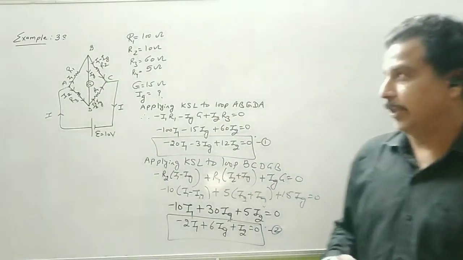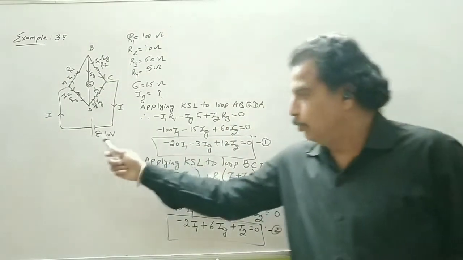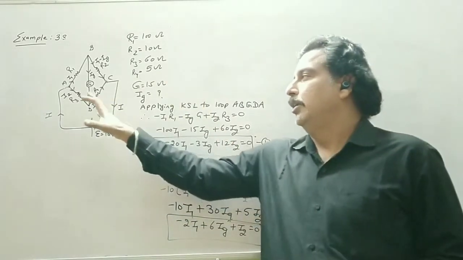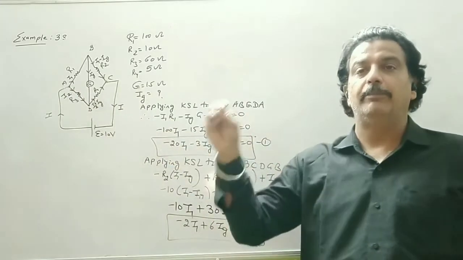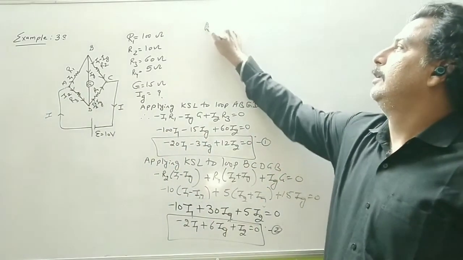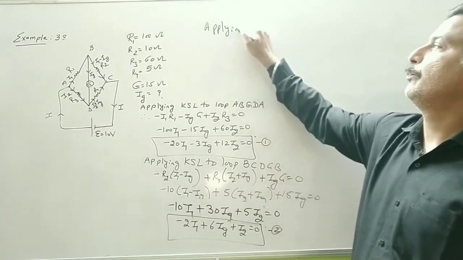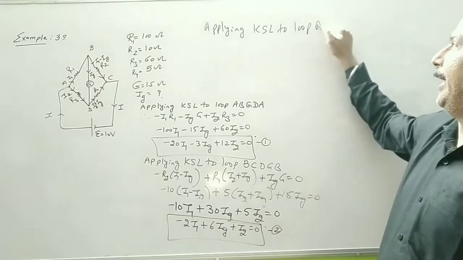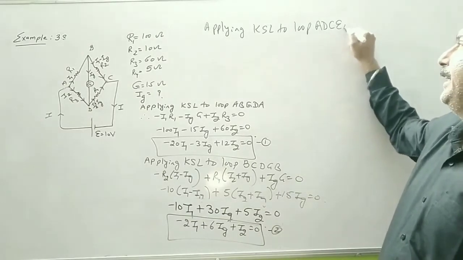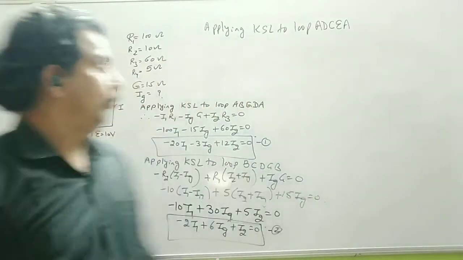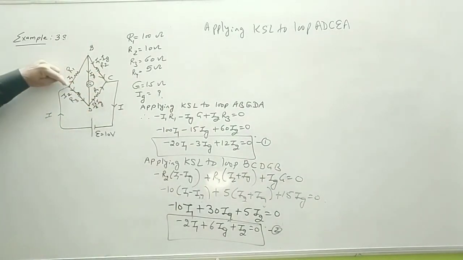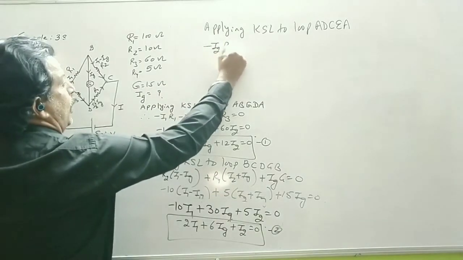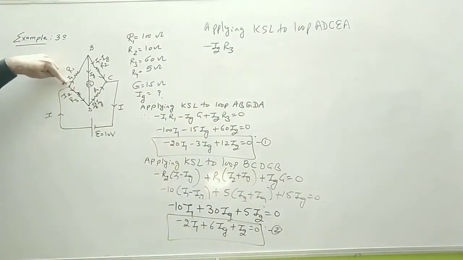Now the third equation. We will make use of the EMF of the battery and try to take a loop which is the shortest, or has a minimum number of variables. So applying Kirchhoff's second law to loop A, B, C, E, A, we move outside from A. In the direction of current, minus I2 R3.